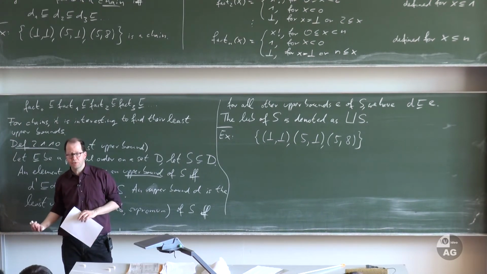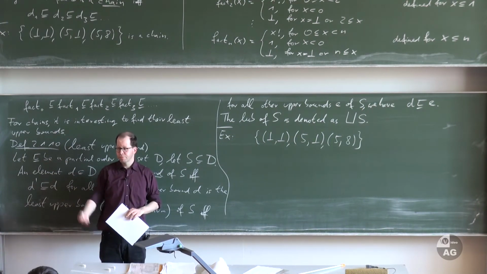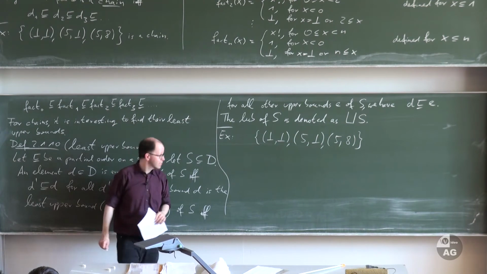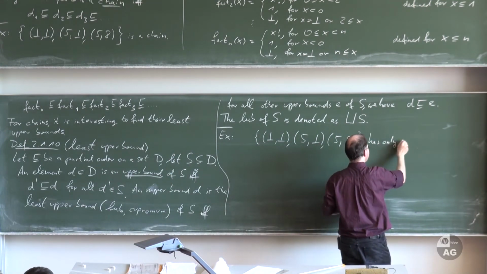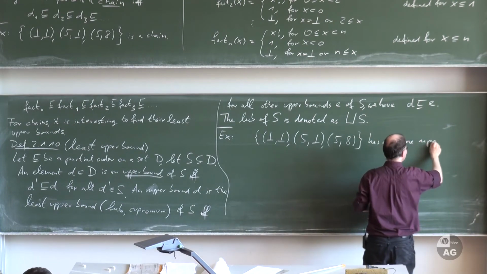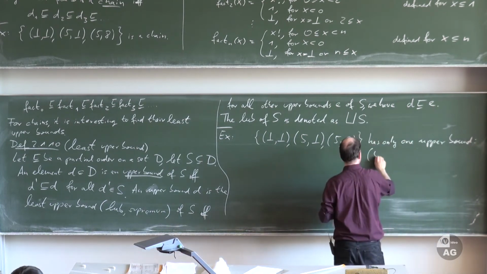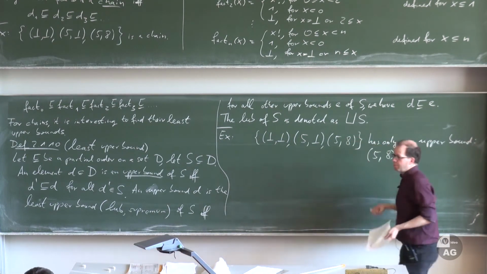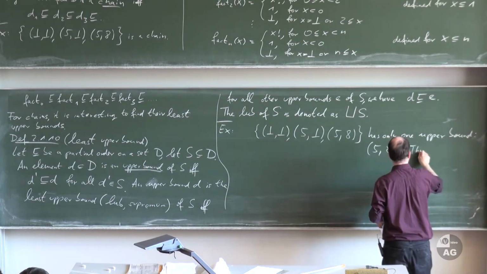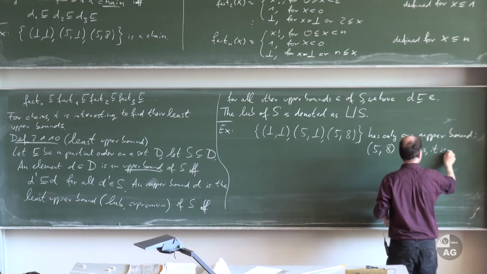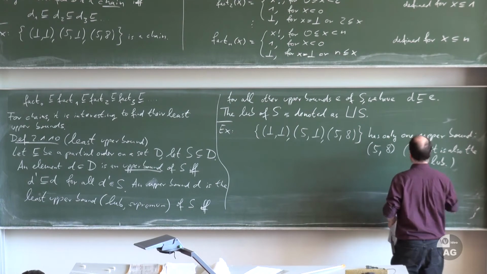Upper bounds with respect to the less defined or equal relation. Mm-hmm. It's a tuple of 5 and 8. Right. So this has only one single upper bound, namely the tuple of 5 and 8. And since this is the only upper bound, it's also the least upper bound of this chain.